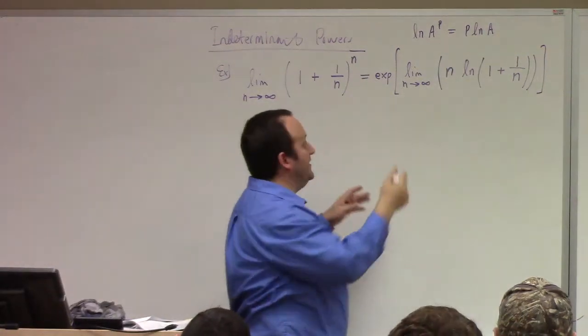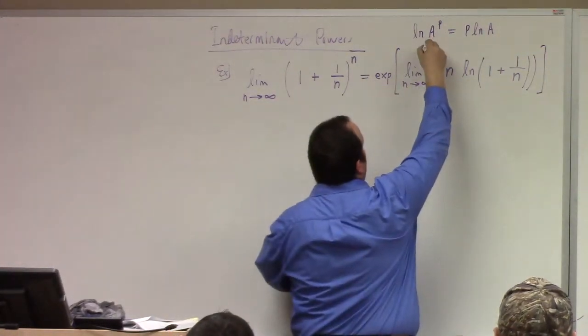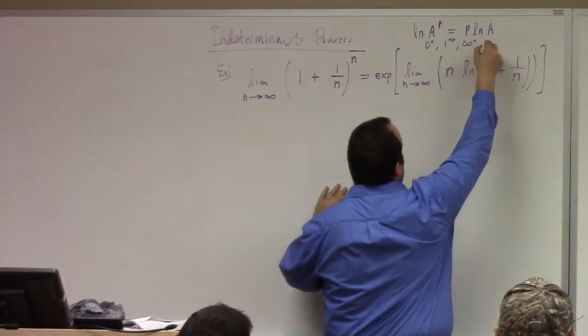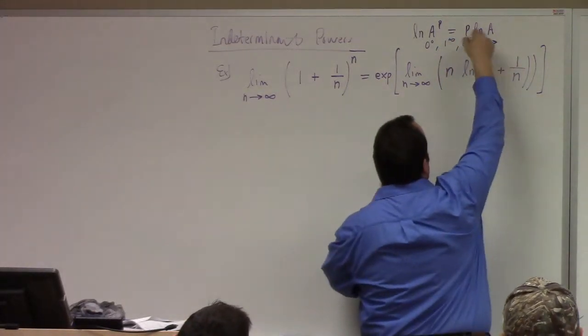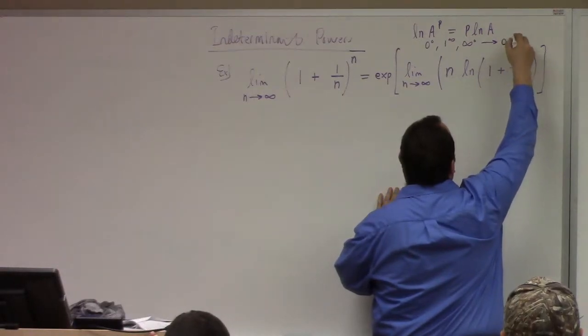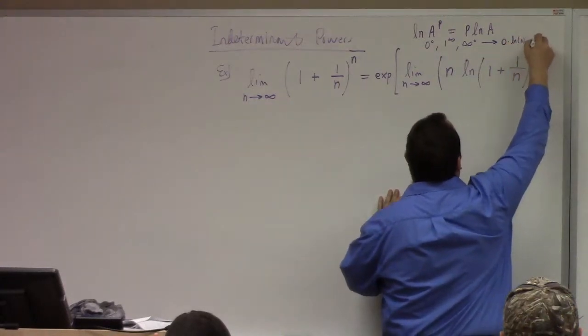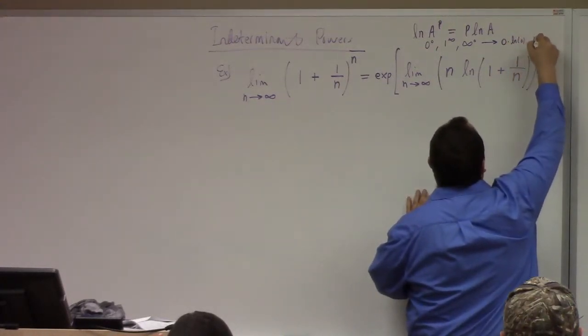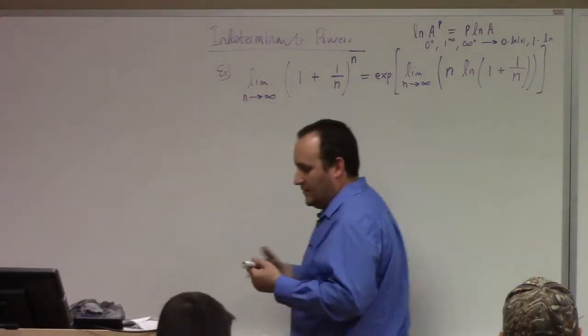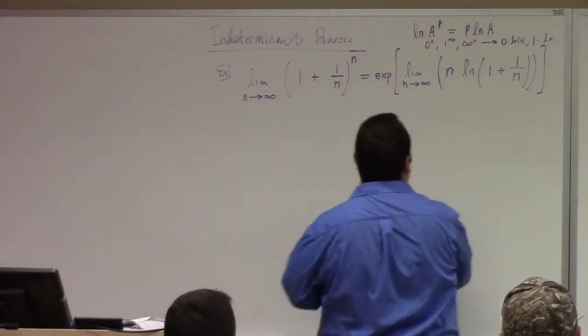The point is, if this was 0 to the 0, or 1 to the infinity, or infinity to the 0, when you use this log property, it becomes 0 times log 0, or 1 times the log of infinity. I'm not being careful enough.